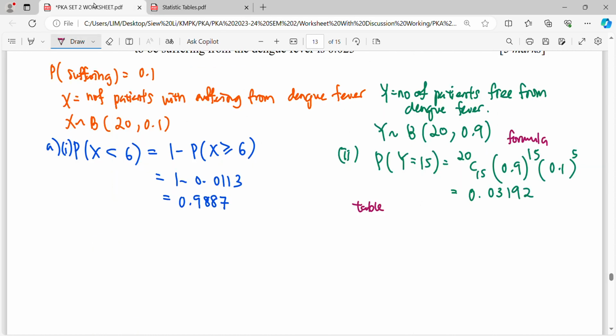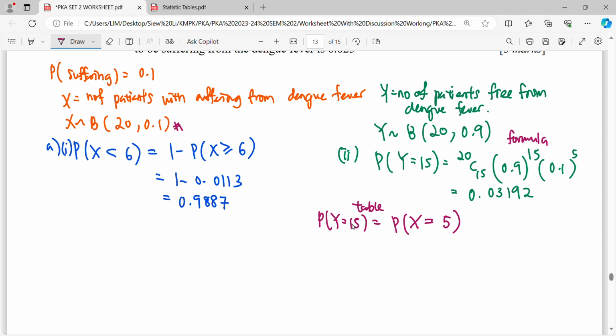It means when you want to find Y equals 15, we need to reverse the situation, from free from dengue to suffering from dengue, becoming X back, so that we can refer to this table. If 15 are free from dengue, those suffering from dengue will be 20 minus 15, which is 5. Then only can we refer to this distribution.